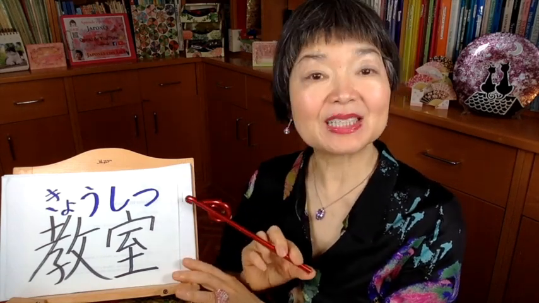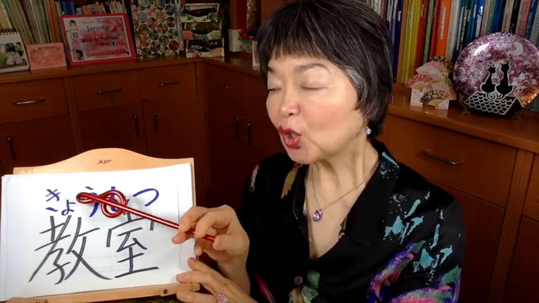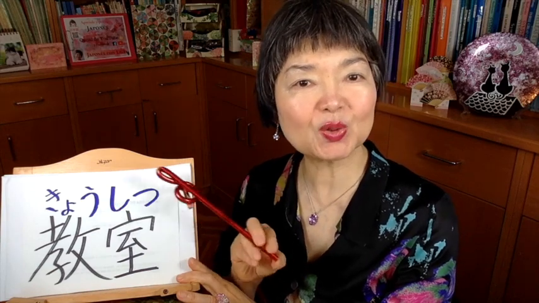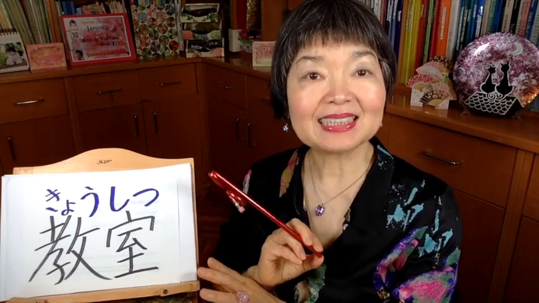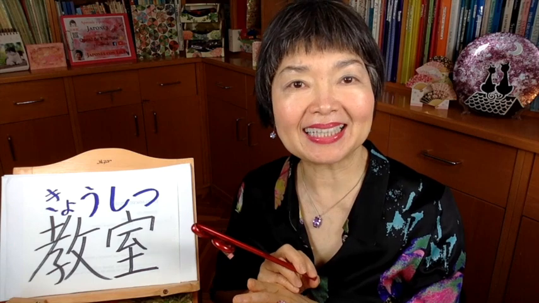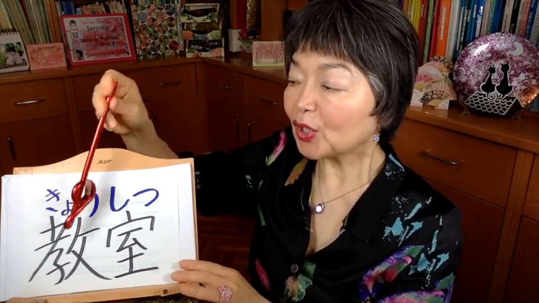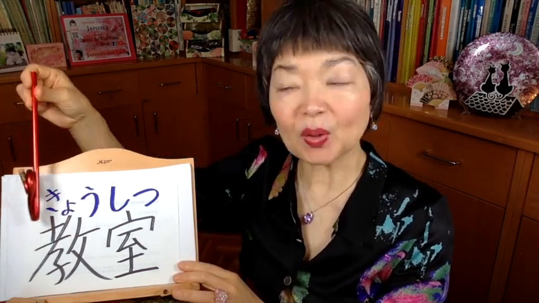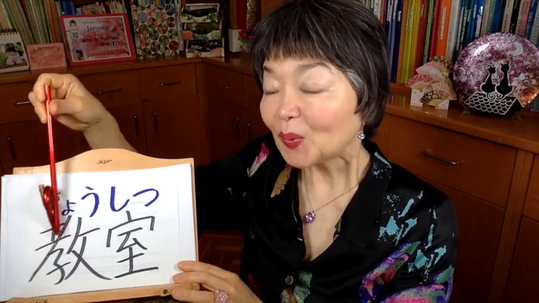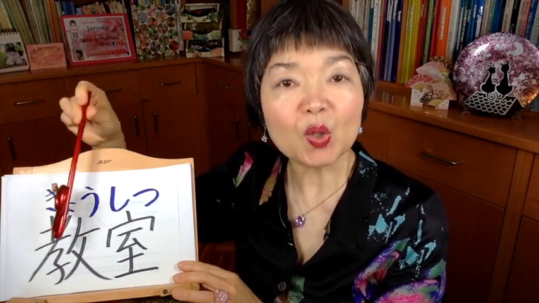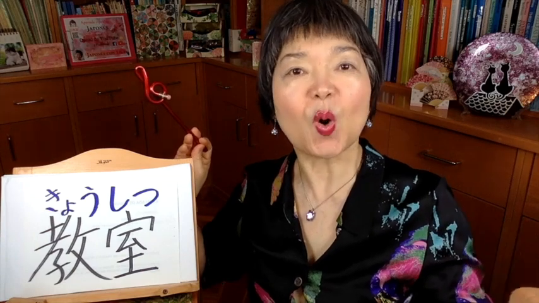For example, this 教室. This is vocabulary of JLPT 5. ki, small yo, and we can also pronounce 教えます, the verb, this means to teach.